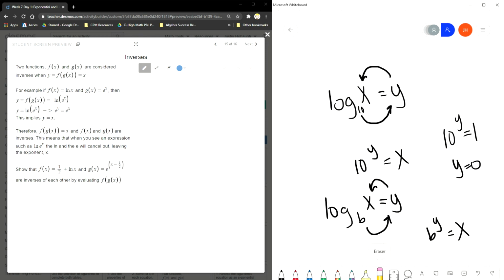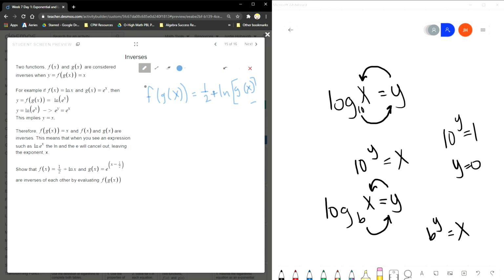So f of g of x should equal, well, f of x is 1/2 plus ln of x. And what's plugging into f, right? G of x is. So actually g of x is going to be inside this ln. Do you see that? That's how compound functions work.